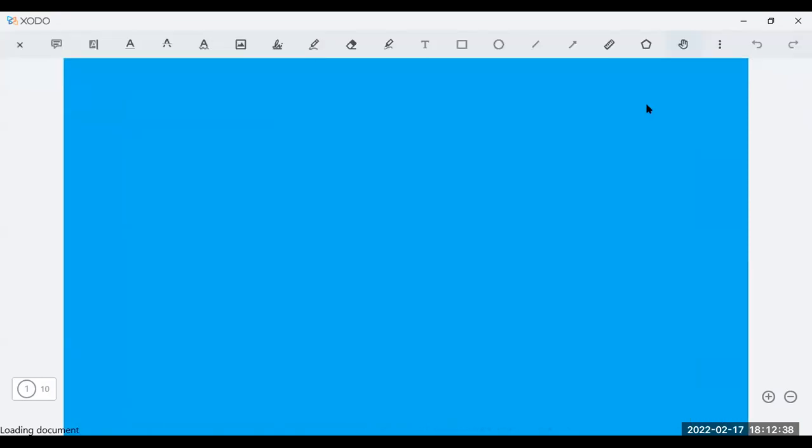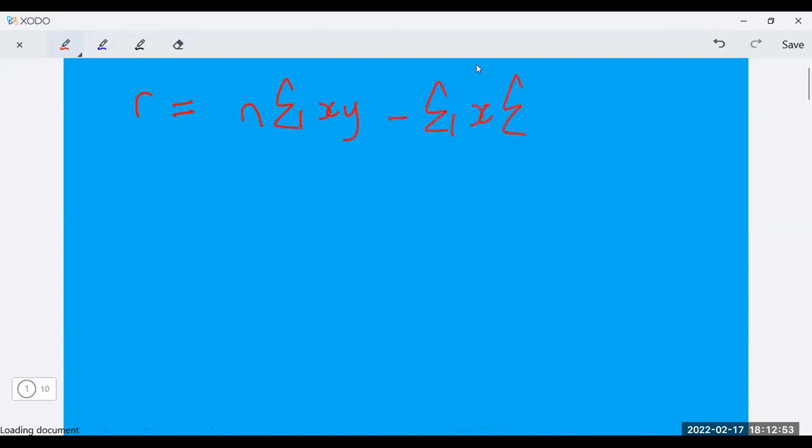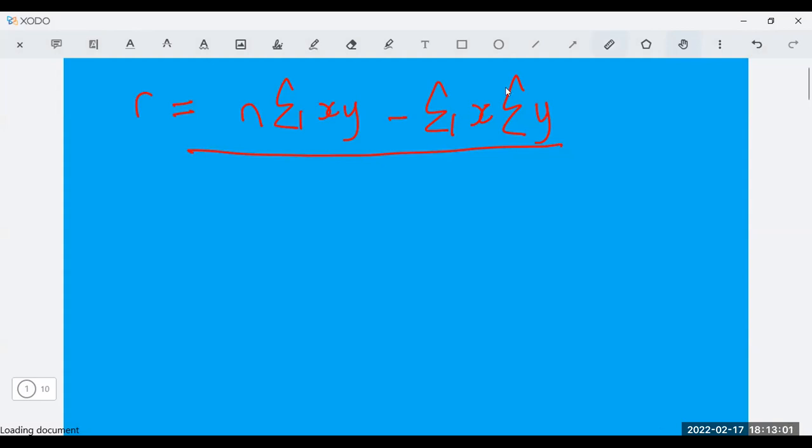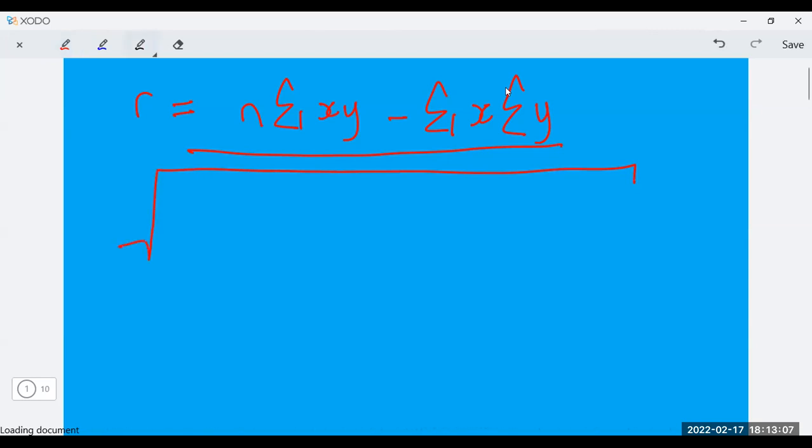All right, so writing now our new correlation formula for R. R is now going to be given by n times the sum of x times y, minus the sum of x times the sum of y, divided by the square root of the entire square root now. So let me put a big square root: the square root of n times the sum of x squared minus, in brackets, the sum of x all being squared, put a bracket around this.